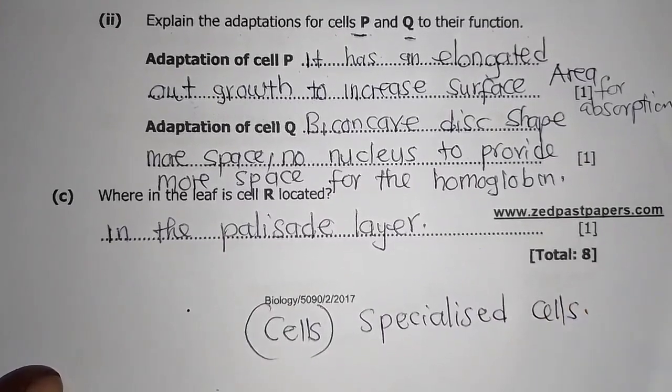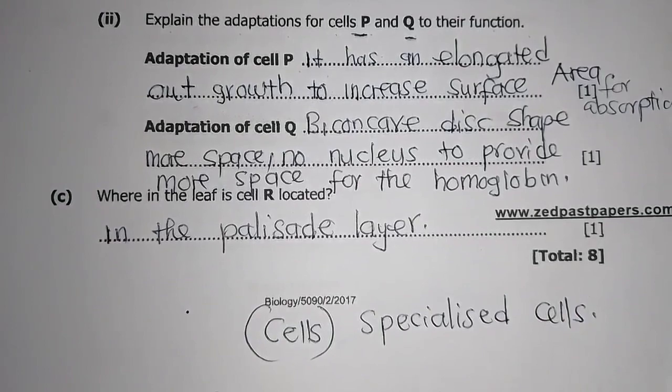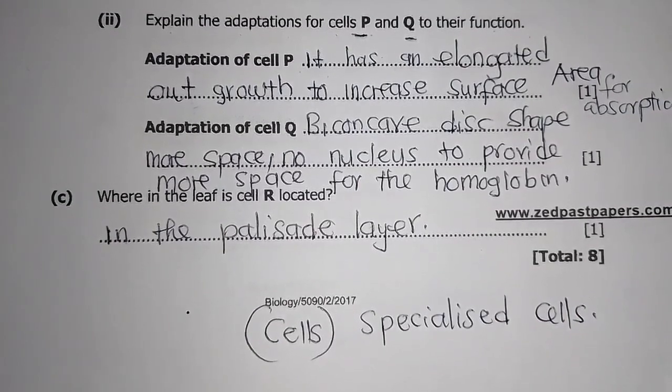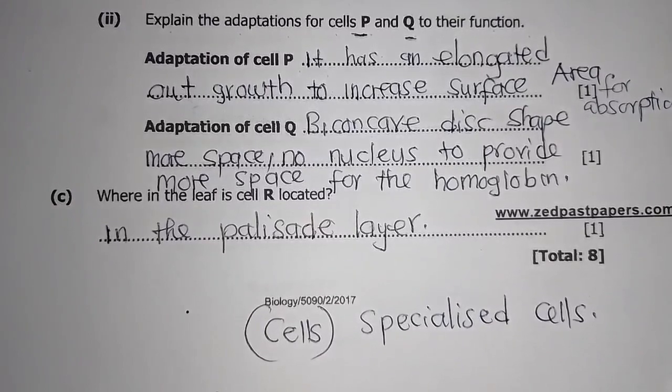So make sure, even as you are studying, you revise through this. We've dealt with the question under cells, so this can also come in your exams. Make sure you study something on cells.